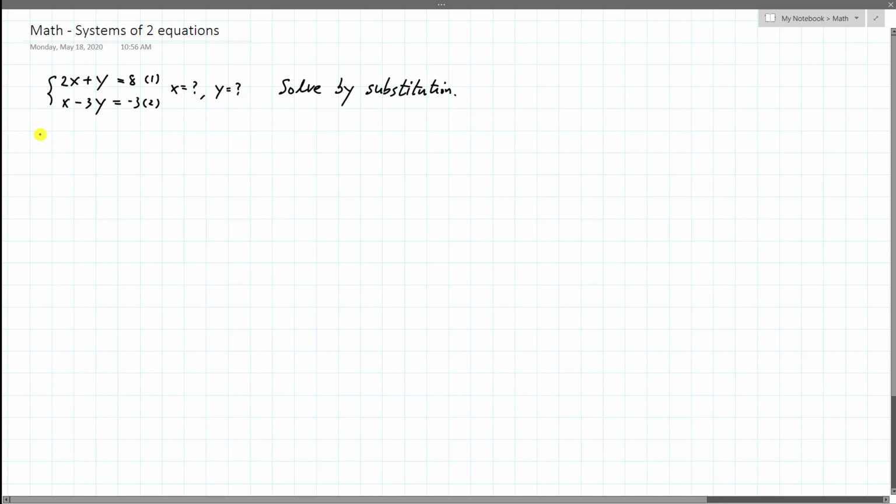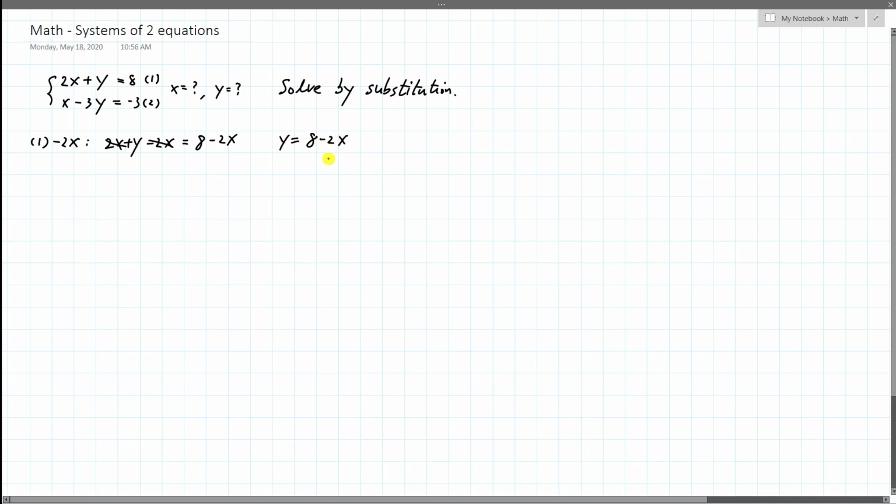So let me give you an example. I'll start with equation 1, and I will just subtract 2x on both sides. So what does that look like? 2x plus y minus 2x, 8 minus 2x, right? So these subtract away, so I get y equals 8 minus 2x.